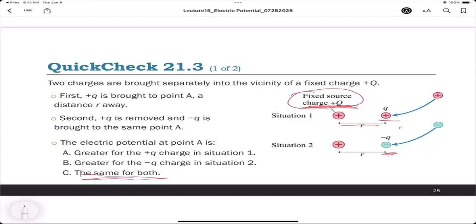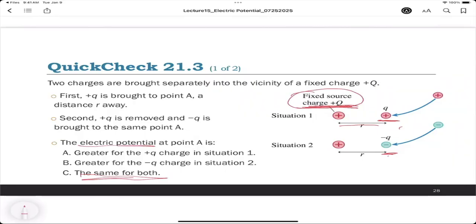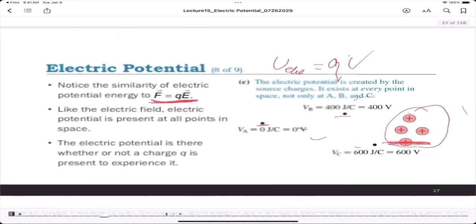It will not depend on this Q. Just pay attention here. The electrical potential is one thing. This equation is for electrical potential energy. So electrical potential and electrical potential energy are two different things.